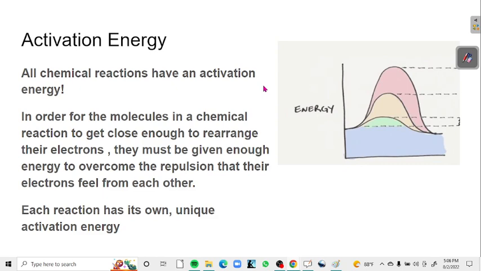In order for the molecules in a chemical reaction to get close enough to rearrange their electrons, because that's what a reaction is, just those electrons being shared or given away or taken, they must be given enough energy to overcome the repulsion that their electrons feel from each other. Each reaction has its own unique activation energy, and you need to know that.